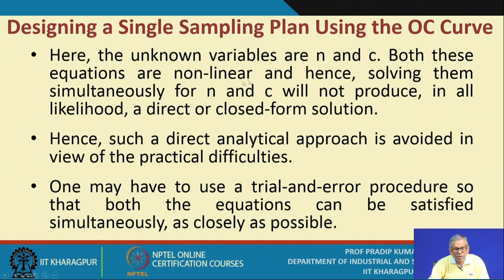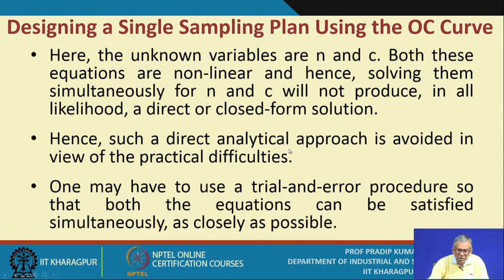Both these equations are nonlinear, and hence solving them simultaneously for n and C will not, in all likelihood, produce a direct or a closed form solution. Is it okay? There is a high chance that you will not be getting a closed form solution.